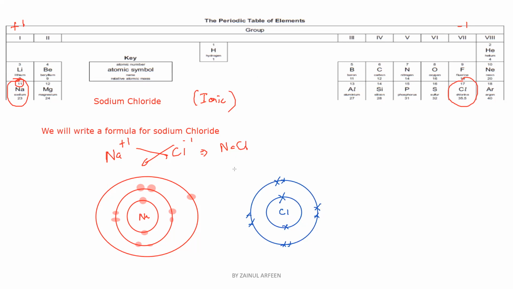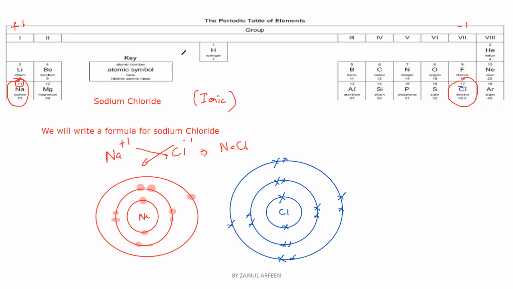And third shell, because it is 17, we have to arrange 17 electrons here as we are drawing the structure of chlorine atom. So it is having 17 protons and 17 electrons. So the third shell will have 7. So these are the structures of sodium atom and chlorine atom.